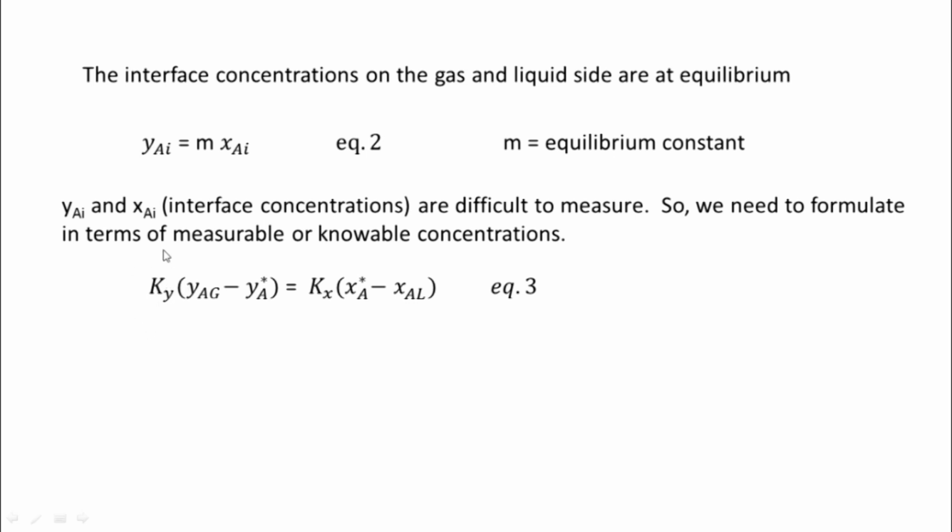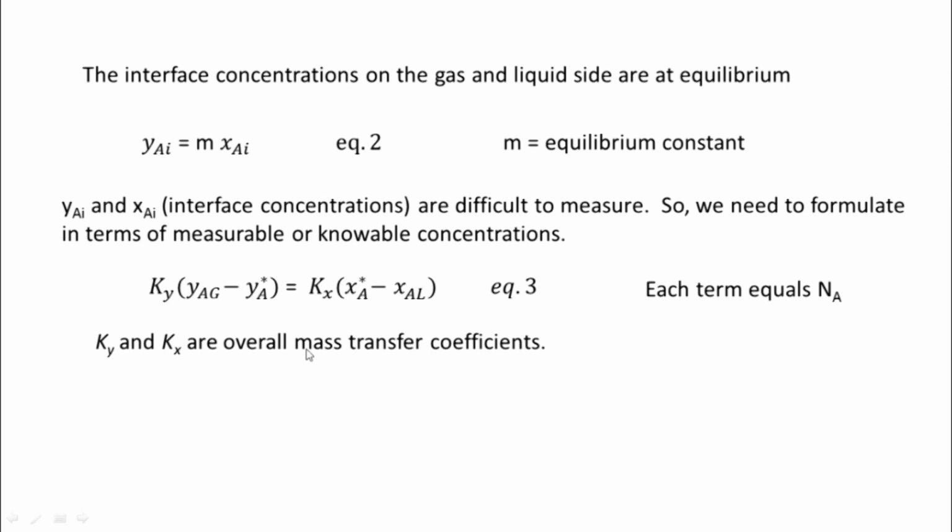The overall transfer coefficient times YAG minus YA star, and that equals on the liquid side Kx into XA star minus XAL. In a minute I will tell you what the star means. Let us call that equation 3. And each term of course equals Na.